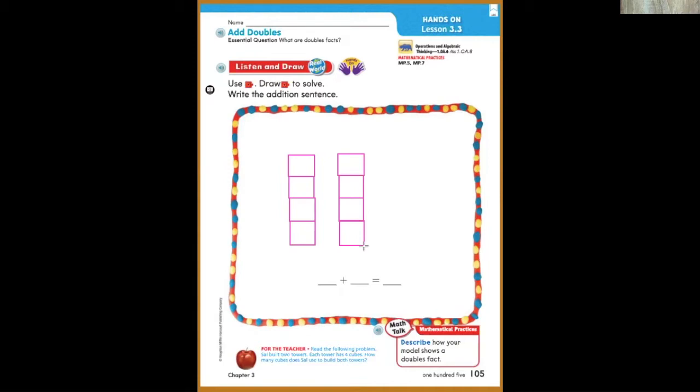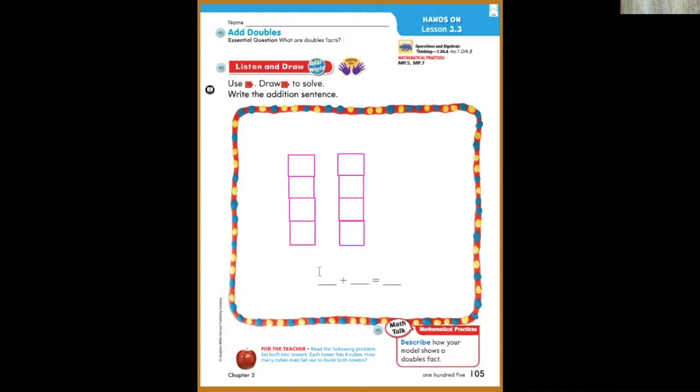Next, we're going to write the addition sentence underneath. The addition sentence says, a number plus another number equals the sum. So let's start with our first addend. Remember, an addend is a number that we are adding in an addition sentence.